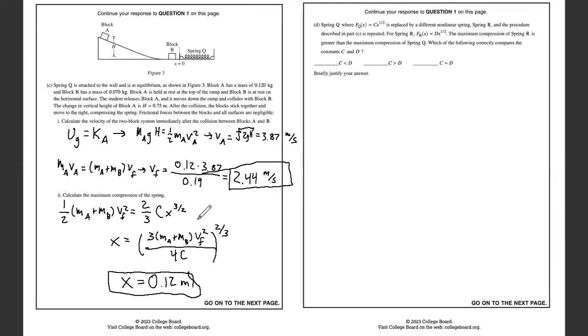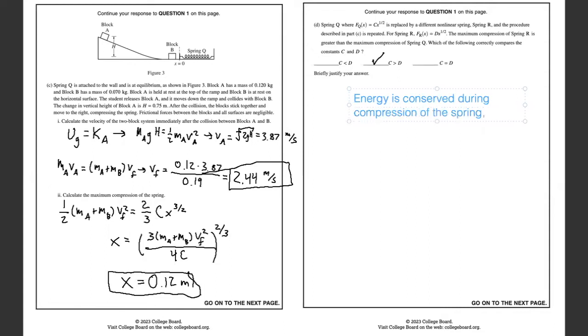In part D, it asks us which one's going to have the higher spring constant, spring Q or spring R. And I would actually say that spring Q should have the higher spring constant. And I'm going to go ahead and type this one out with text as opposed to writing it, because I think that'll take a little bit less time. What we know is that energy is conserved during the compression of the spring.